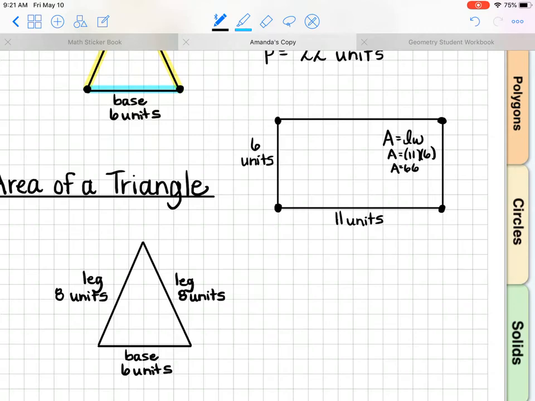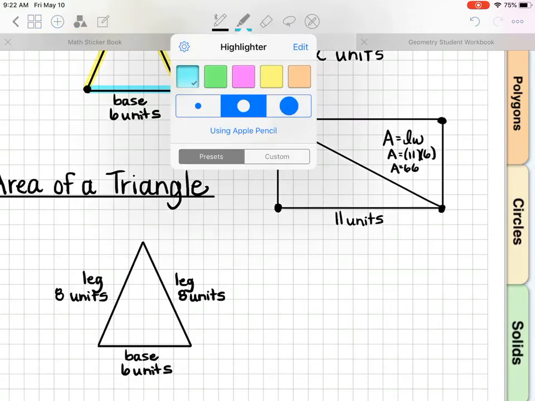So what if I brought another line down through here? Let's connect on the diagonal right there. Do you see that I have just created 2 triangles? I've just split that rectangle in half, and I have created 2 triangles. Let me color one of those in for you.